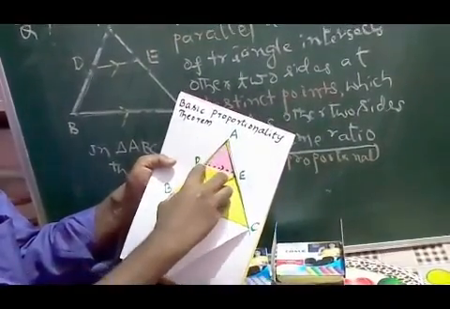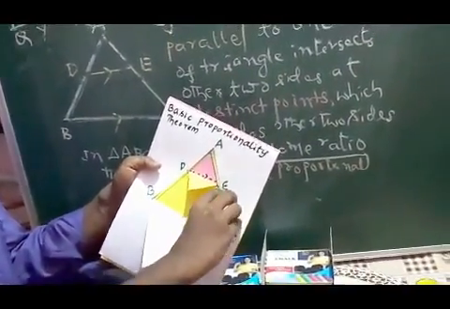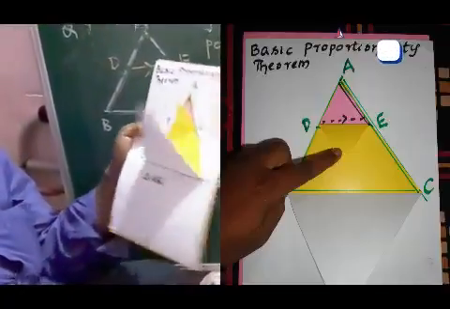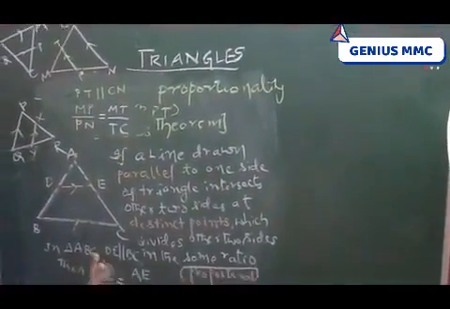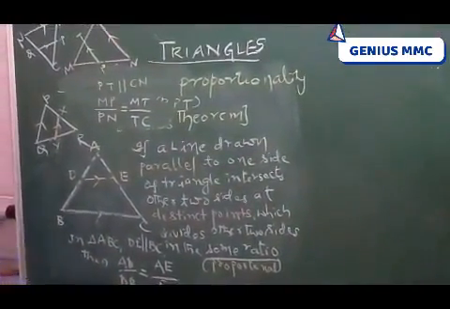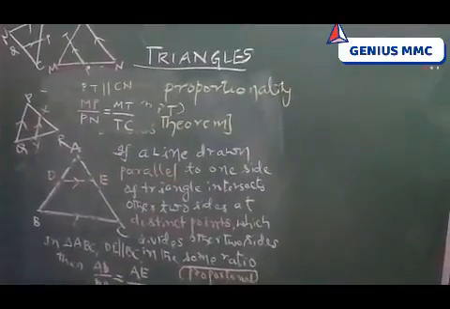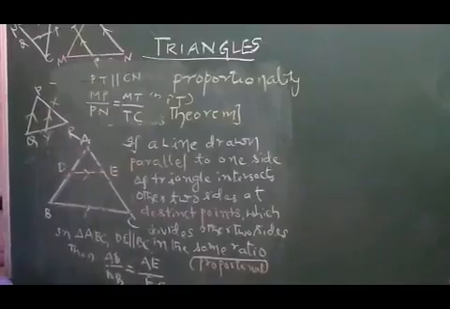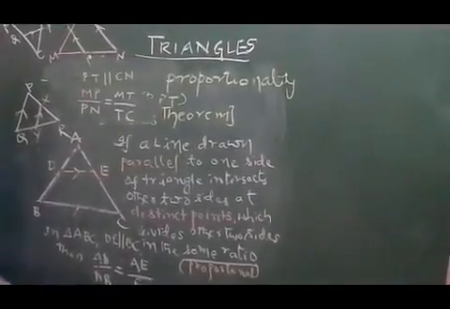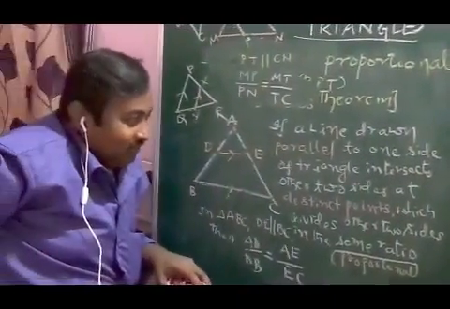Sides AD and EB, A and B are proportional. Okay, I am going to rub this now because I think you have copied this. Next we have one question, simple. So this is BPT, that is called the basic proportionality theorem. So one question here. You see, in general we talk like this.